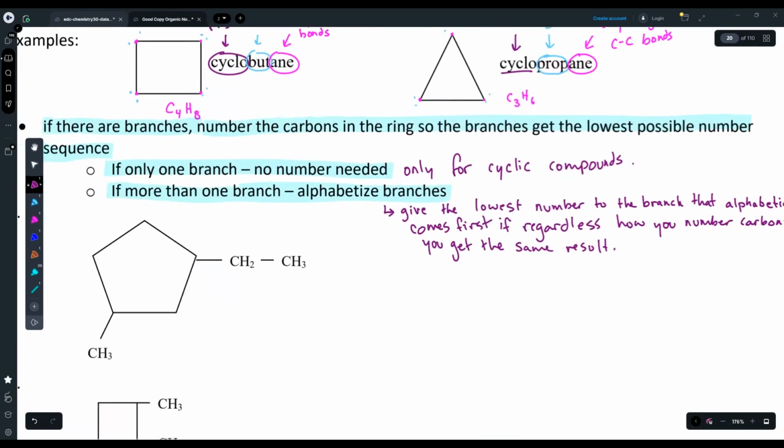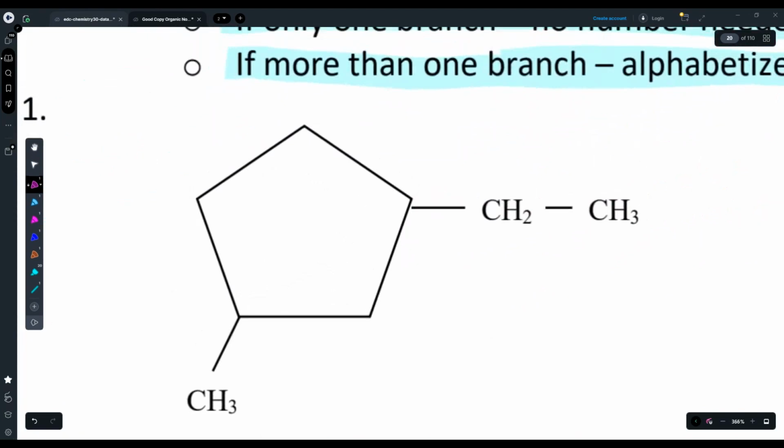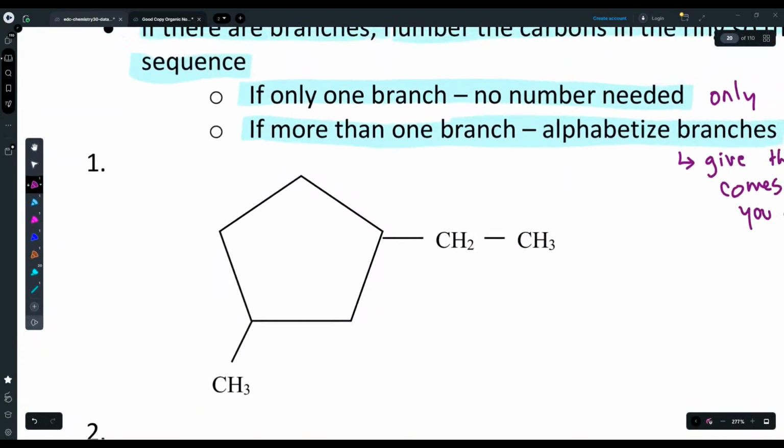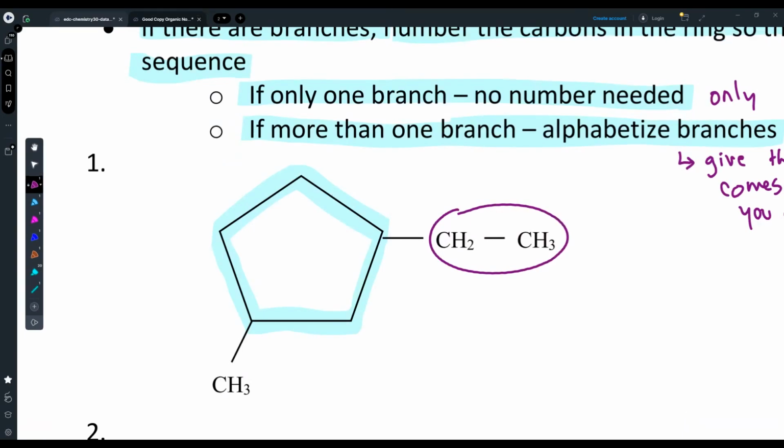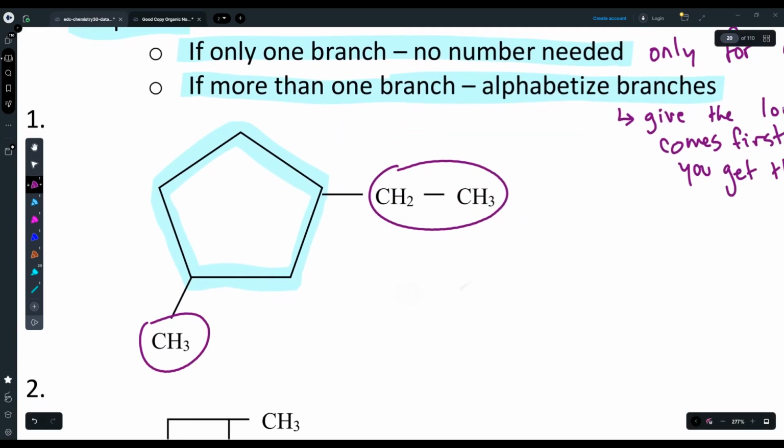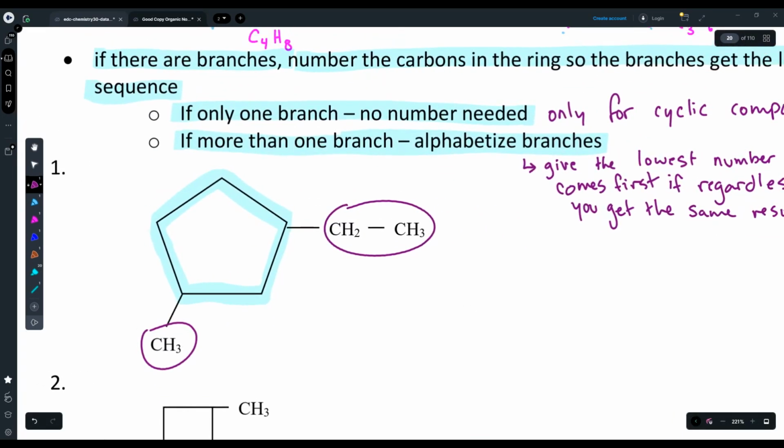Looking at our first example here, our parent chain is right here. And locating our branches, they're right there. We have a methyl branch and we have an ethyl branch.